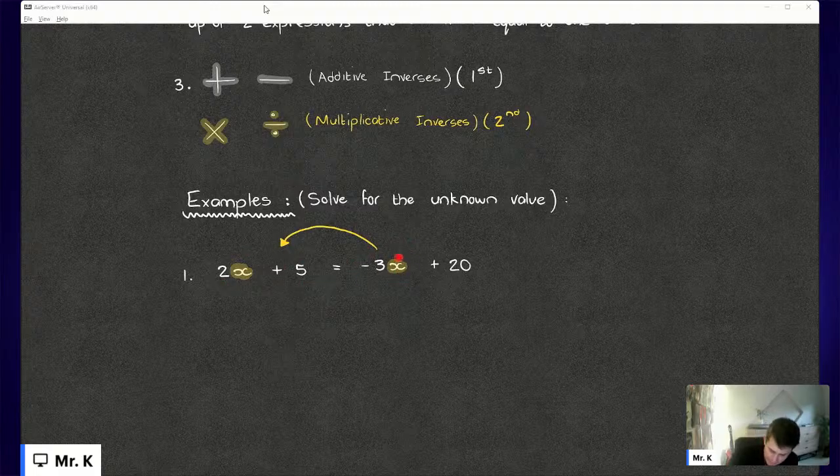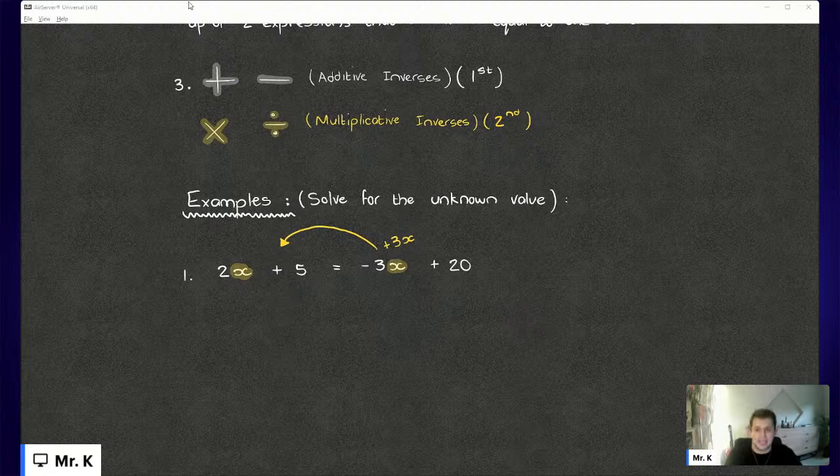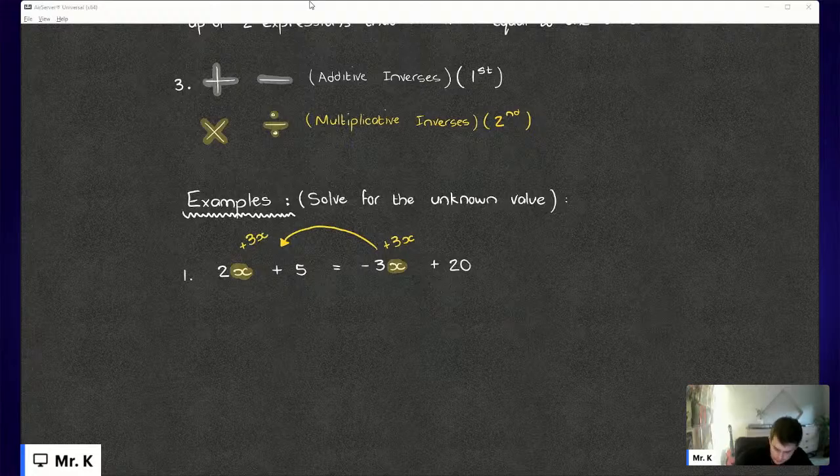Well, if I have minus 3x, you can simply add on 3x, right? Because then these two would essentially cancel one another. But in order to avoid changing an equation, whatever you do to one side of the equation, you must also do to the other. So if I do plus 3x on the right-hand side of the equation, I must also do plus 3x on the left-hand side.